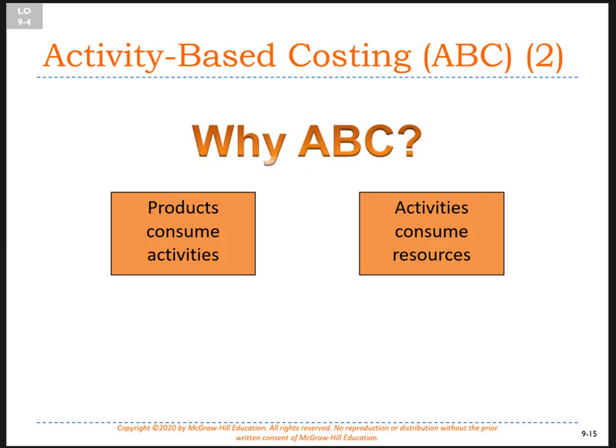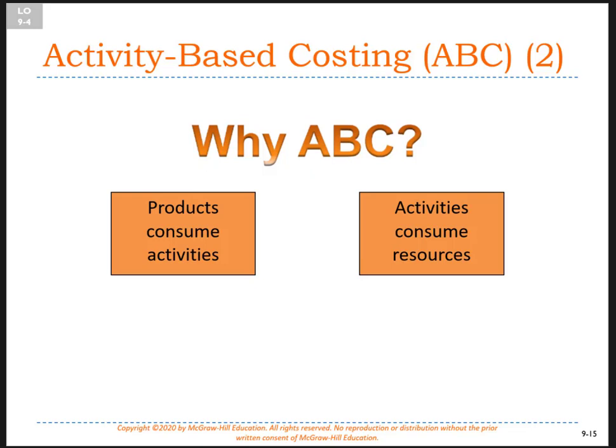Each product we want to get finished has to go through certain stages. It has to have certain things happen to it. And those activities consume resources. They use electricity. They use indirect labor. They use these resources, and we need to try to best measure that.